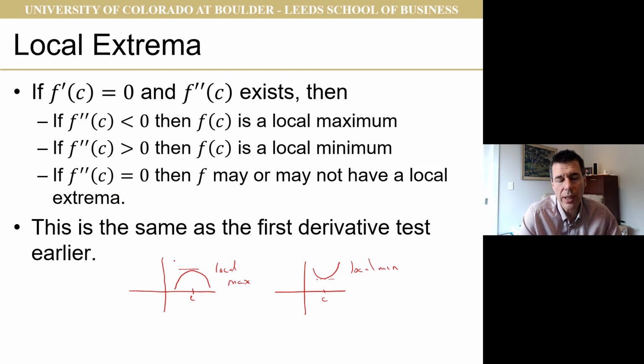We don't know what happens, whether the function is concave down and stays concave down, whether the function is concave up and stays concave up, or you could be in a situation where the function is concave up and switches to concave down. And then you've got neither local max nor local min.